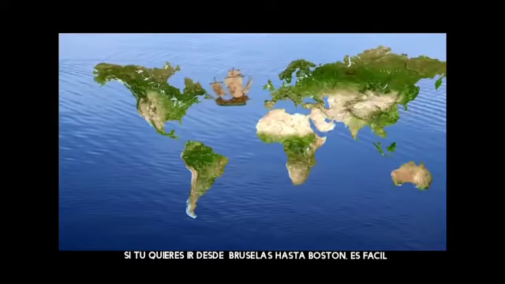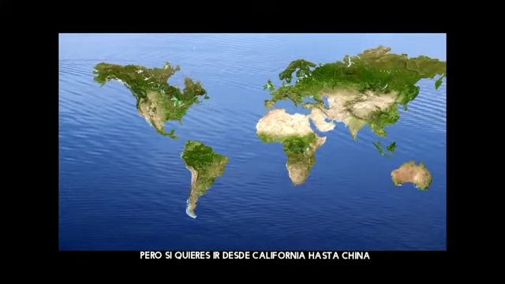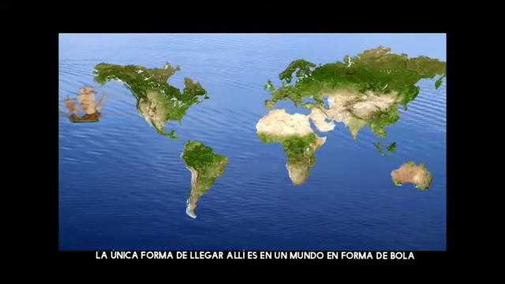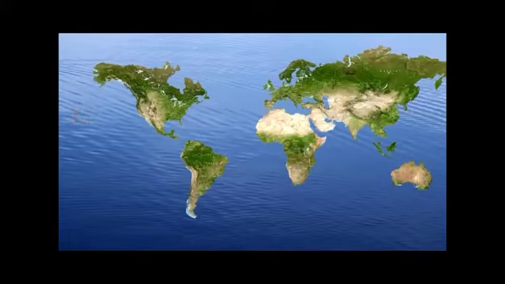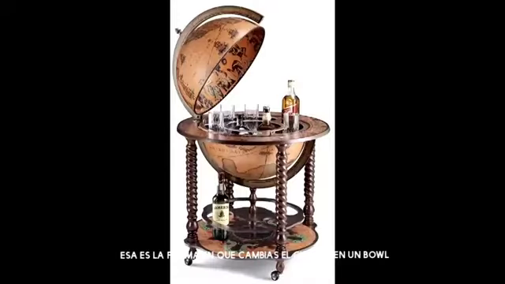If you want to go from Brussels to Boston, that's easy. But if you want to go from California to China, the only way you are getting there is on a ball-shaped world. That's the way you change a circle into a ball. Now we have the new world.